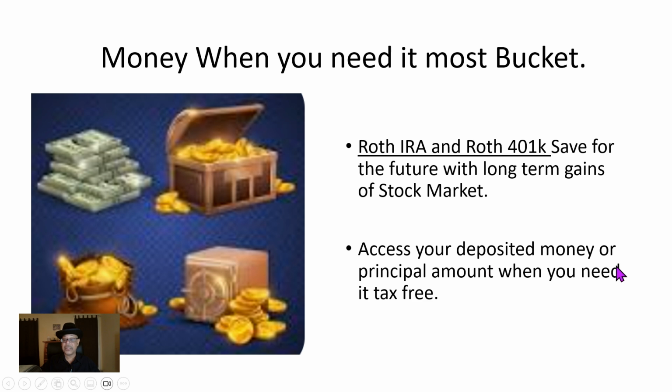Access your deposit of money, or principal amount, when you need it, tax free. So what I have here is just a presentation of the buckets. You want to take a look at each piece of the investments and how they operate, and dive into it on your own. This is just an overview of a bucket system.